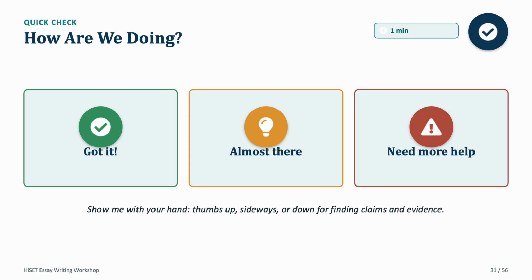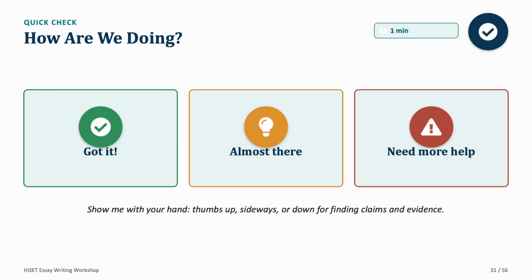Before we move on, let's check our understanding. Show me with your hand. Thumbs up if you feel confident about finding claims and evidence. Do your thumb sideways if you're almost there. However, it's thumbs down if you need more help. There are no wrong answers.